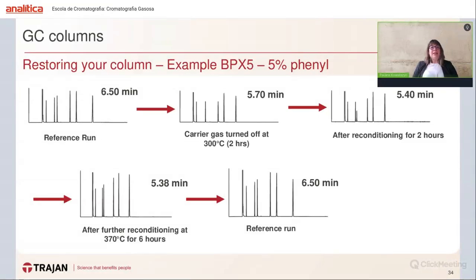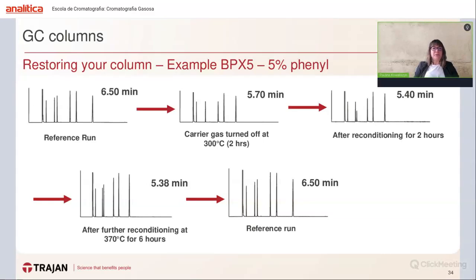So here is an example of the restoration of the column. So, bake out procedure. In the first chromatogram, we've got the reference run, how it should look. In the second chromatogram, you can see that the third peak is disappearing. So we've got only a single peak, not a pair of peaks.